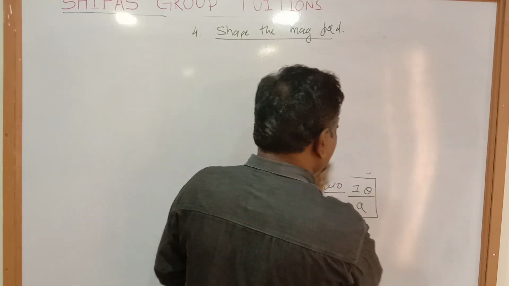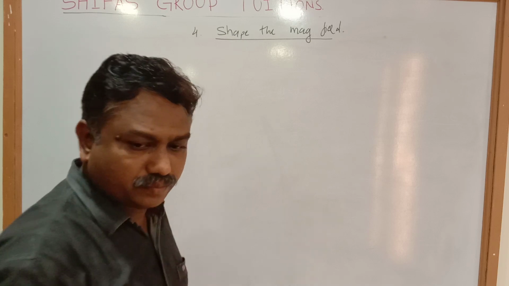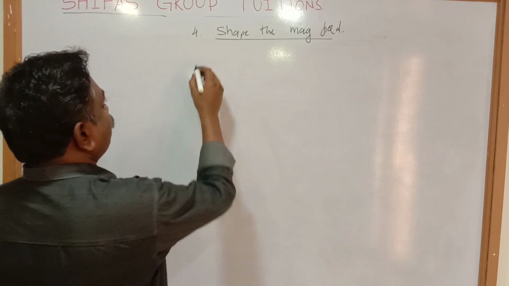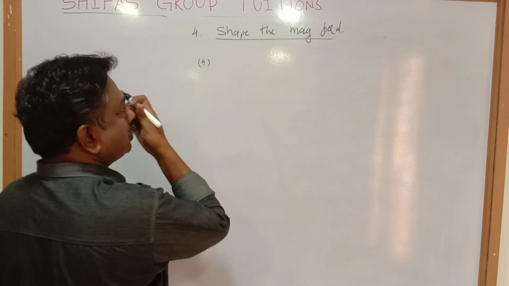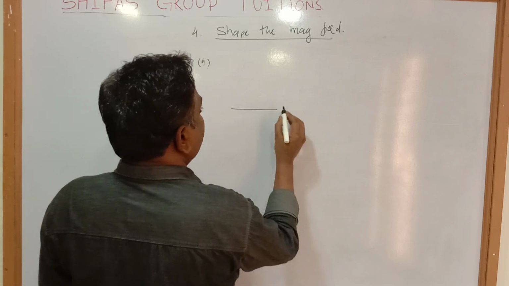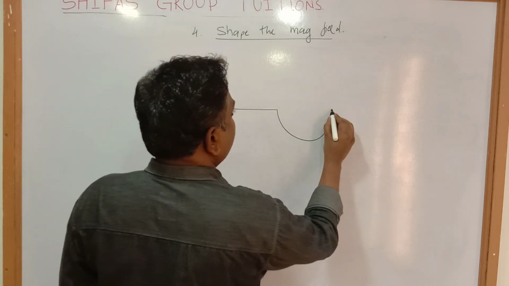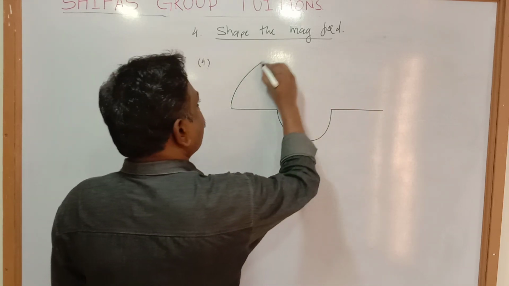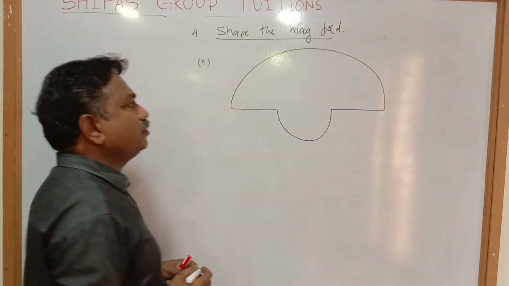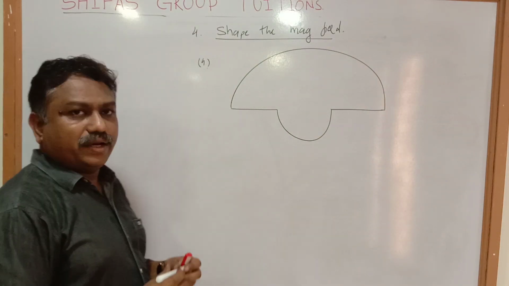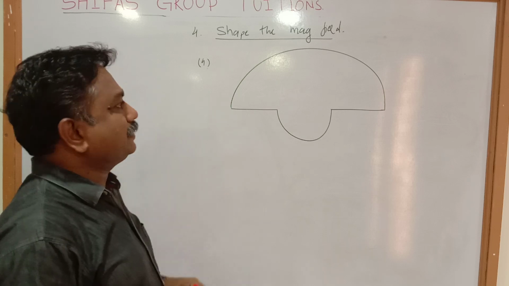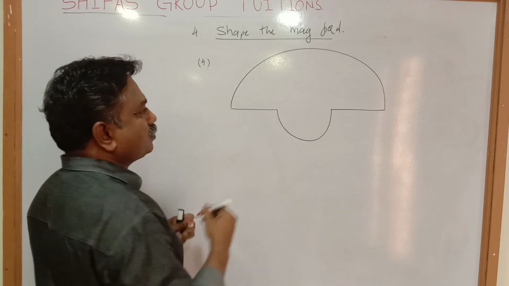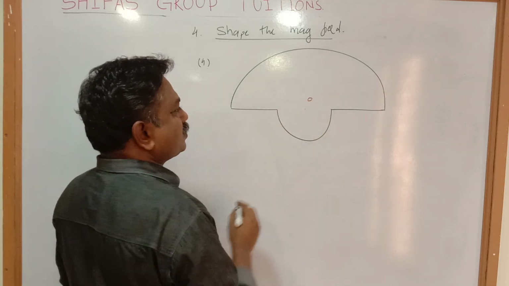Next, the fourth shape we are going to learn about. Now suppose the shape of the wire or coil is like this. In this case, let us imagine O is the center.